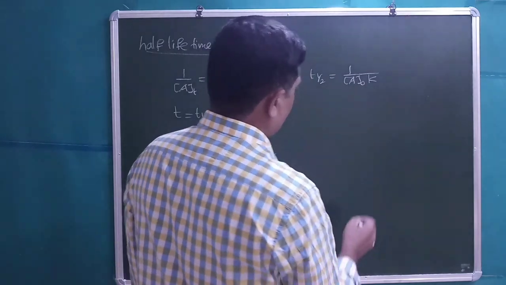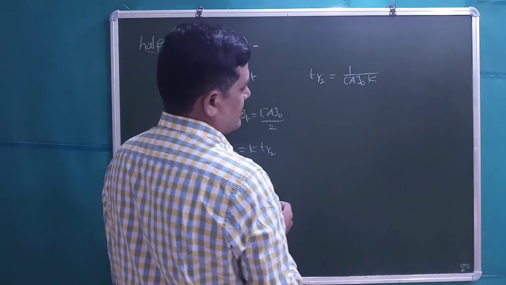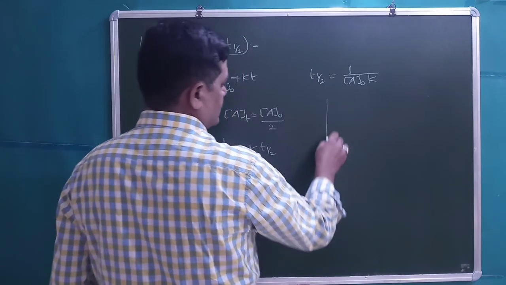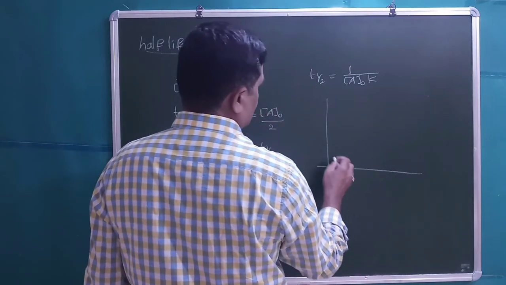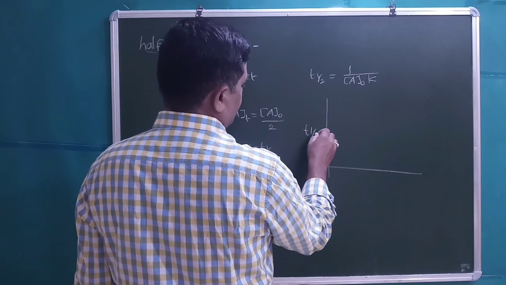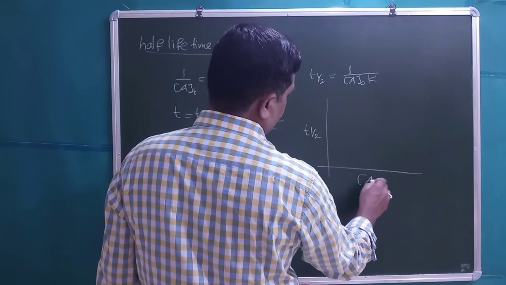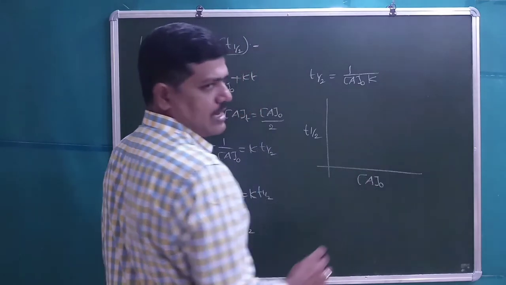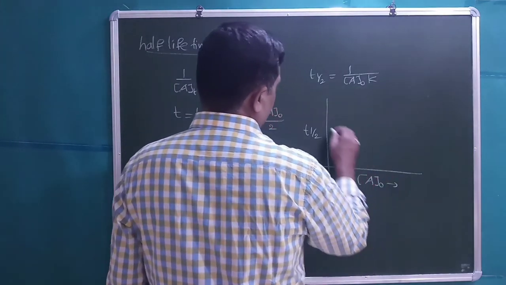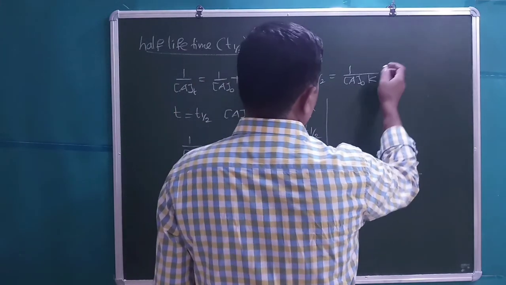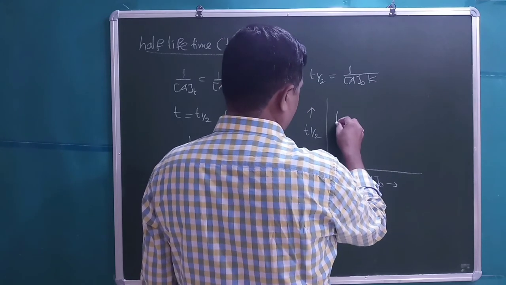Students, when we draw the graph by taking t half on the y-axis and A naught on the x-axis, we will get a curve like this.